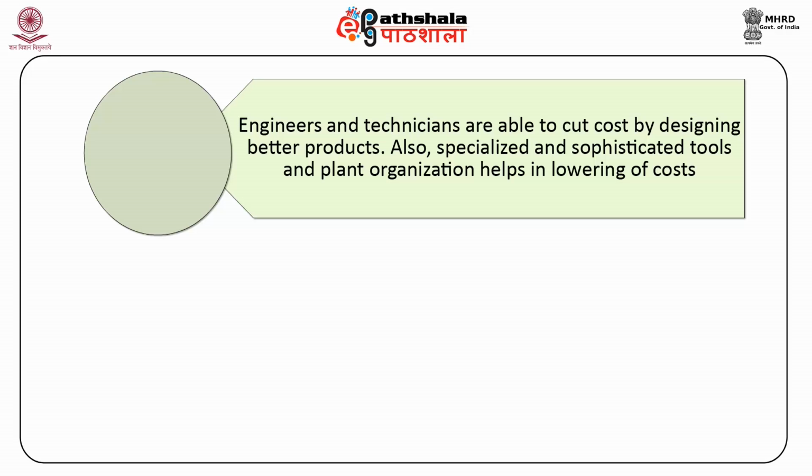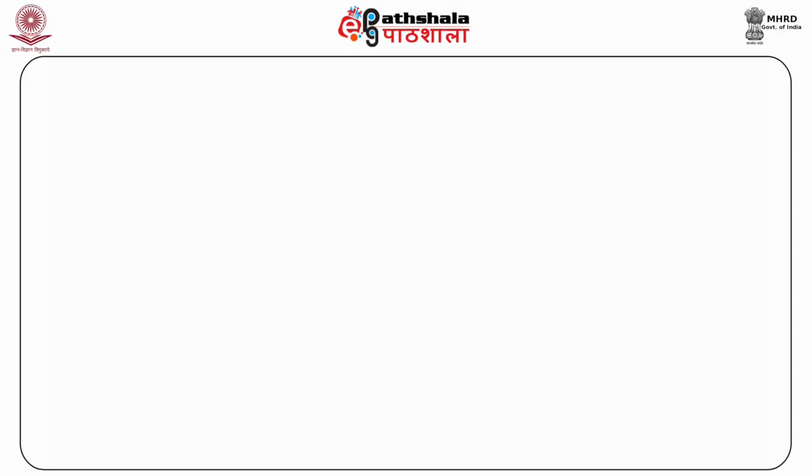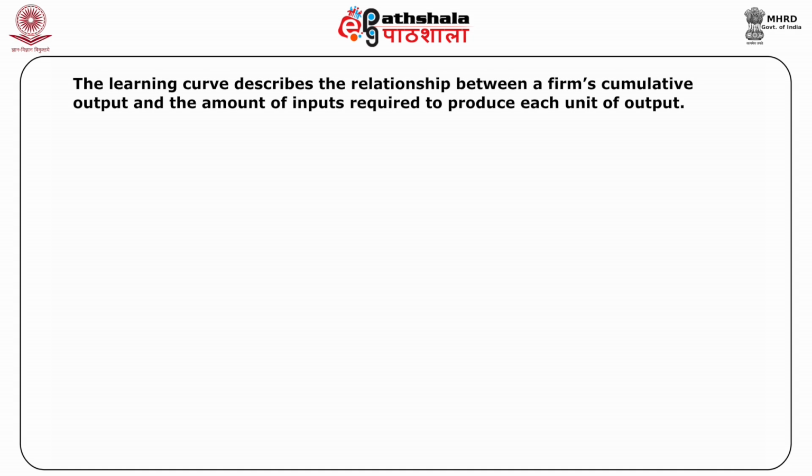Also, specialized and sophisticated tools and plant organization help in the lowering of costs. Suppliers of inputs may learn to procure and process materials and resources more efficiently and pass on the benefit to the producers. The learning process happens over a long period of time.